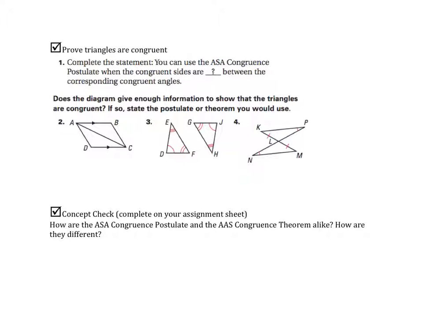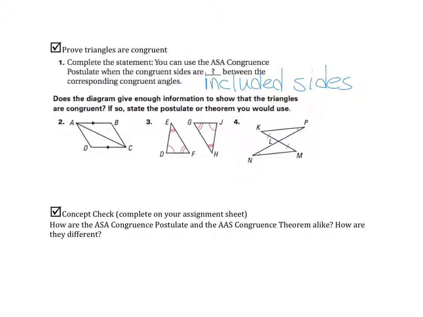To prove triangles are congruent, you can use the angle side angle congruence postulate when the congruent sides are the included sides between the corresponding congruent angles.